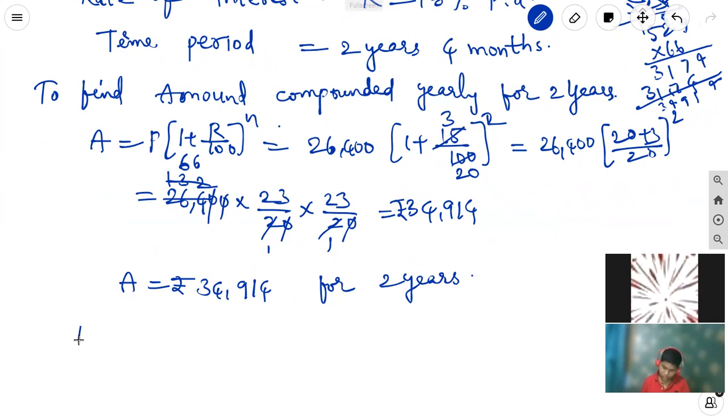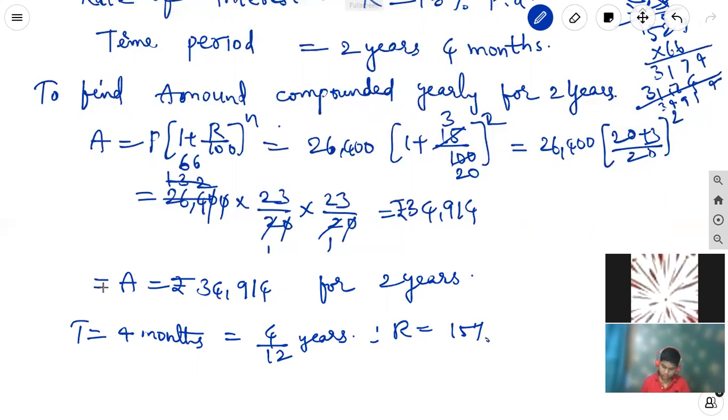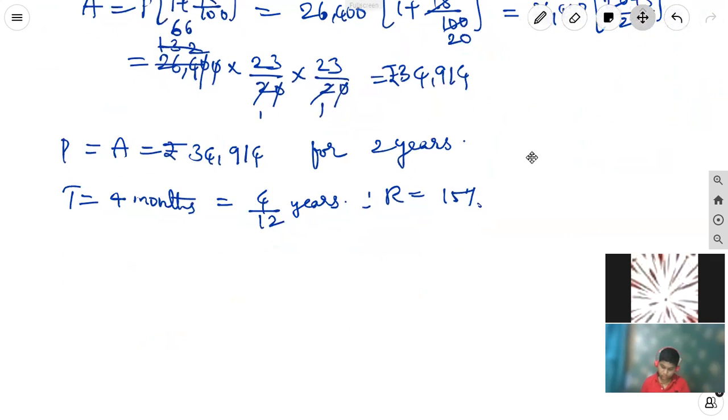Next, for 4 months, T is equal to 4 months, that is 4 by 12 years, and the rate of interest R is equal to 15%. The amount becomes the principal for these 4 months. Now, the simple interest is equal to PTR by 100.